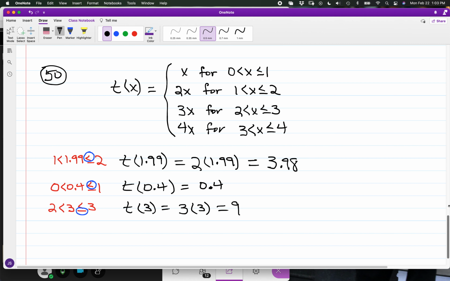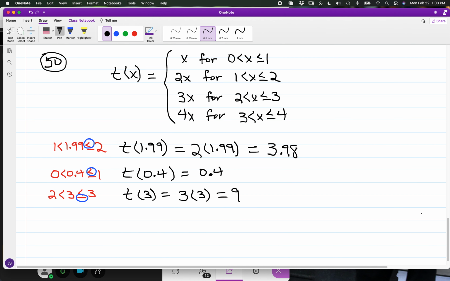And for t of 1, for x equal to 1, the statement that includes 1 is the one with the equal to sign, less than or equal to 1, in the first compound inequality.